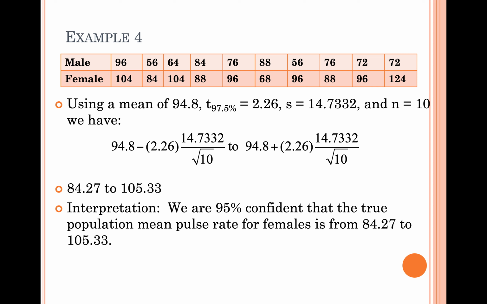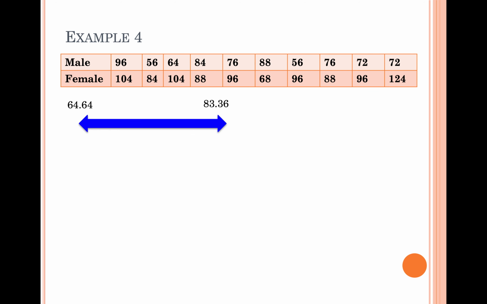So now we have the pulse rates for men and the pulse rates for females. These are estimates of the population mean. And if we graphically look at them together, there's males in blue, females in pink. This is the male confidence interval from 64.64 to 83.36, and the female confidence interval from 84.27 to 105.33.